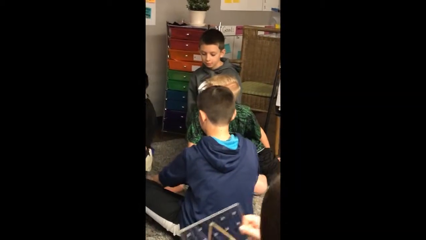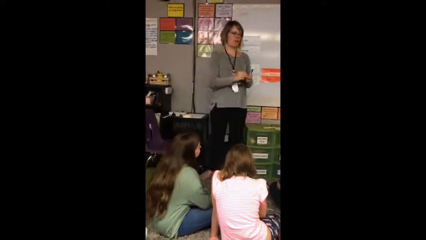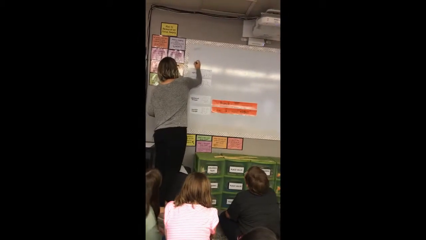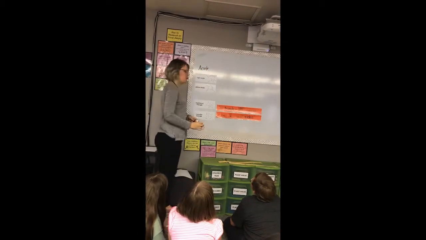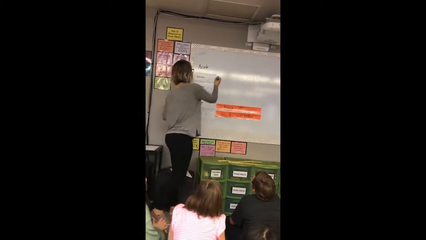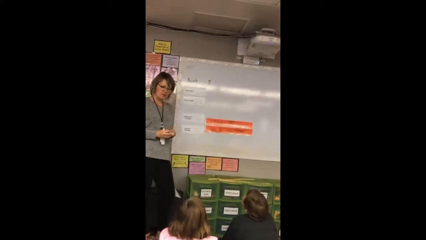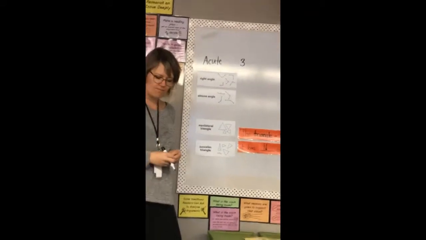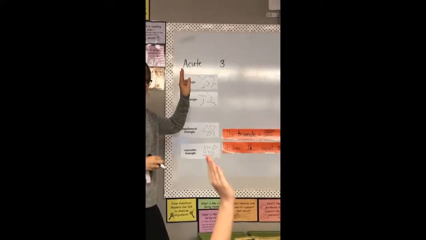Okay, so I think we need some clarification about these words. An acute triangle, I'm just going to write acute up here because that's not going to fall off the board. An acute triangle has to have three acute angles. All three angles have to be acute, okay? Raise your hand if you were holding up three fingers just a second ago because you found three acute angles.